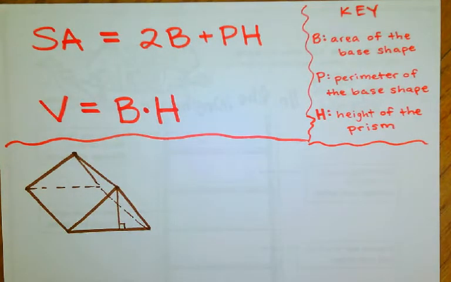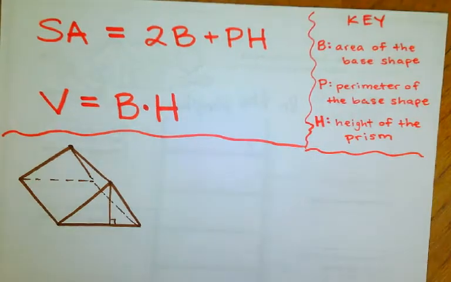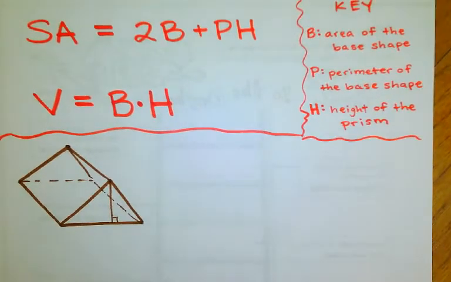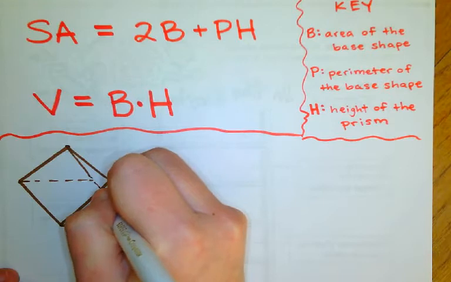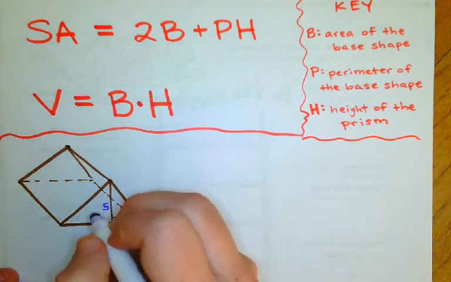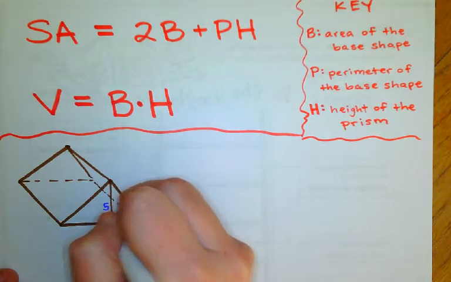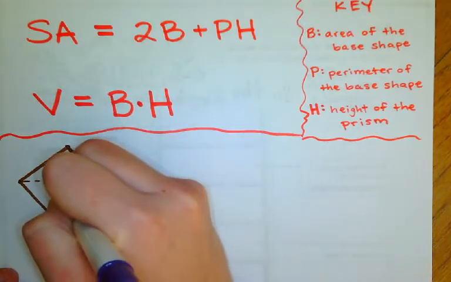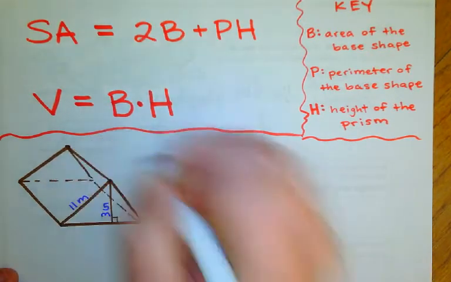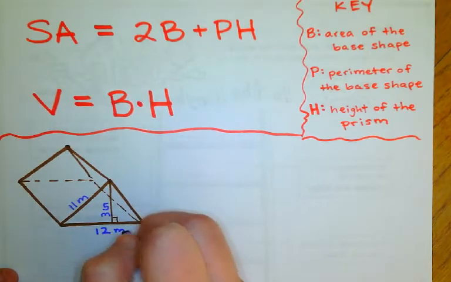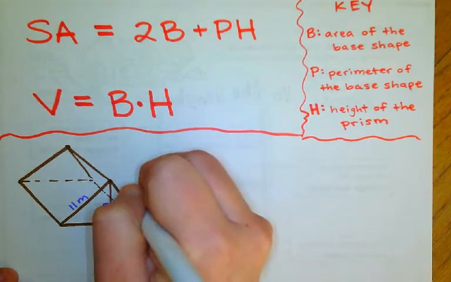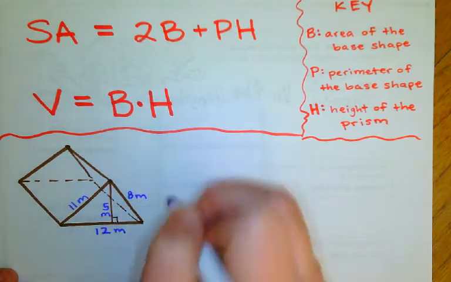I'm going to put the numbers in here now. We're going to say that this is 5. I'll just put an M for meters. 11 meters here. 12 meters. 8 meters.